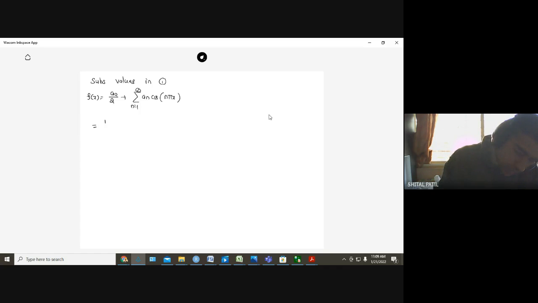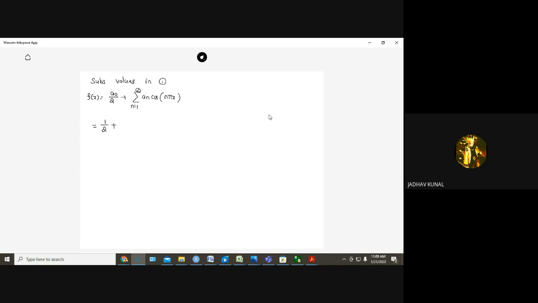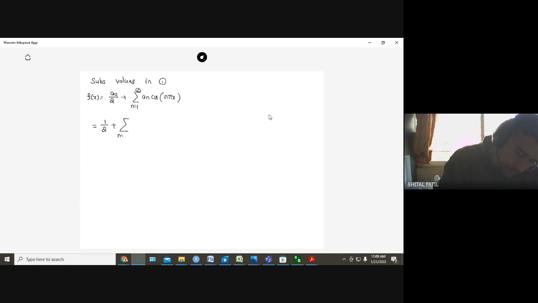So a naught is 1, half. And a n we obtained some time before, that is 2 divided by n square pi square, 1 minus minus 1 raised to n.